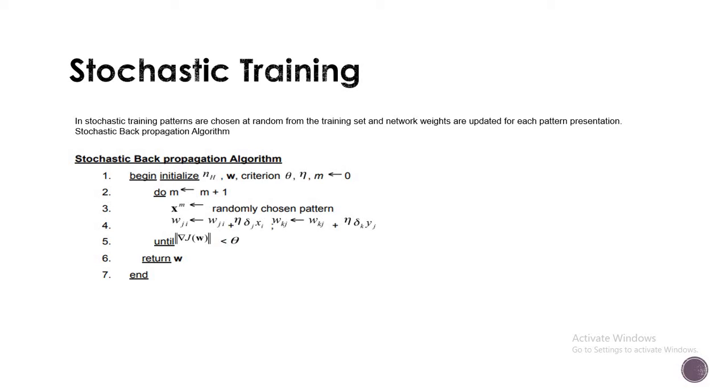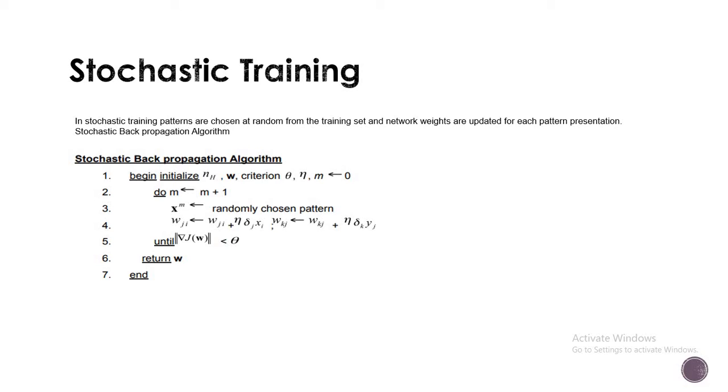In stochastic training, patterns are chosen at random from the training set and the network weights are updated from each pattern presentation. Stochastic backpropagation algorithm. There are 7 steps.